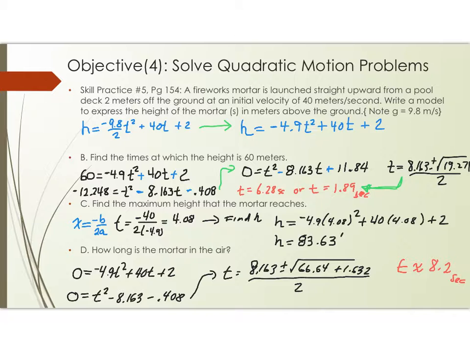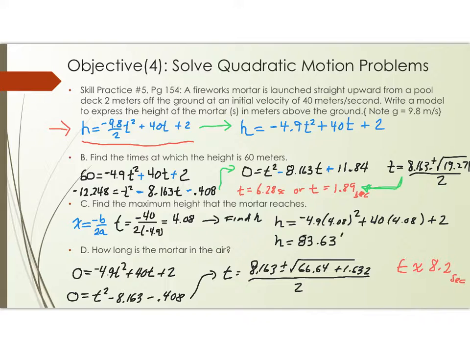So we want to note that the gravity is equal to 9.8 meters per second squared. So to do that, we write out h in terms of t. H is equal to a negative 9.8 divided by 2, t squared plus 40t plus 2. This formula is in your book in terms of how to write the motion of a projectile going into space.